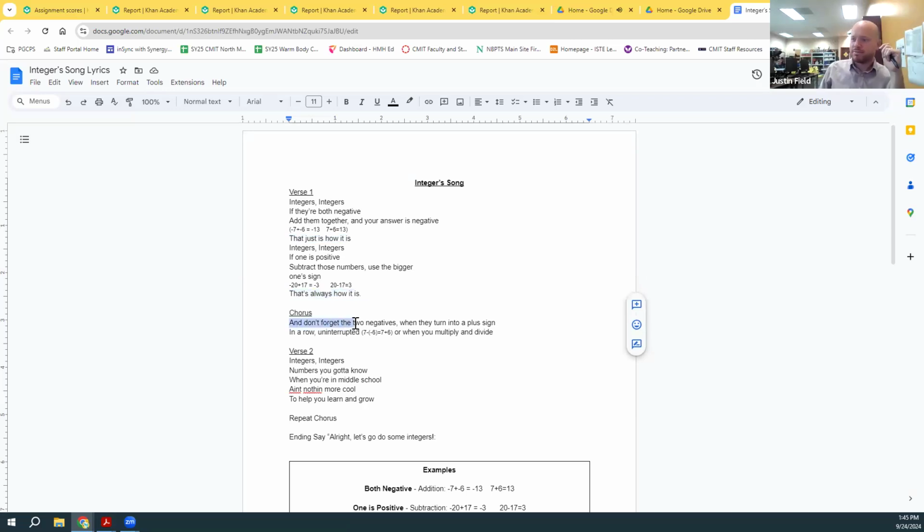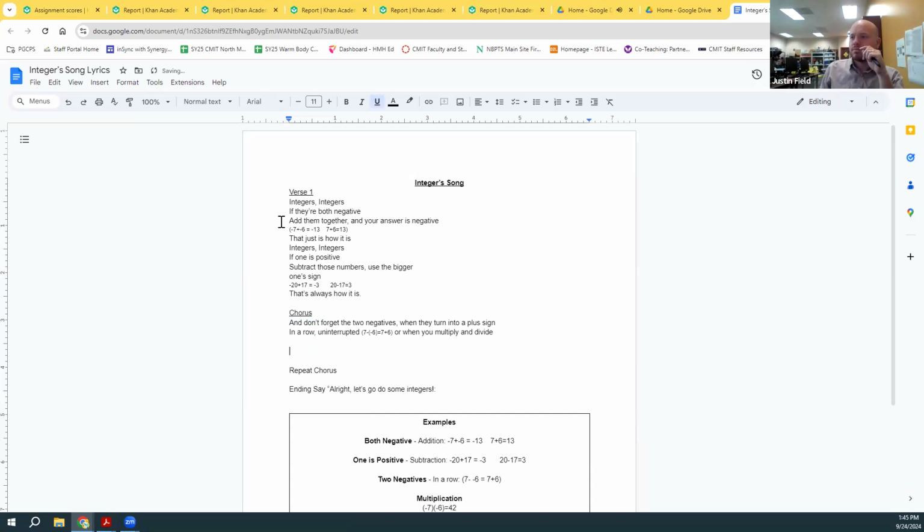And don't forget two negatives when they turn into a plus sign in a row, uninterrupted, when you multiply and divide. Integers, they're both negative. Just add them together and your answer is negative. That's just how it is.